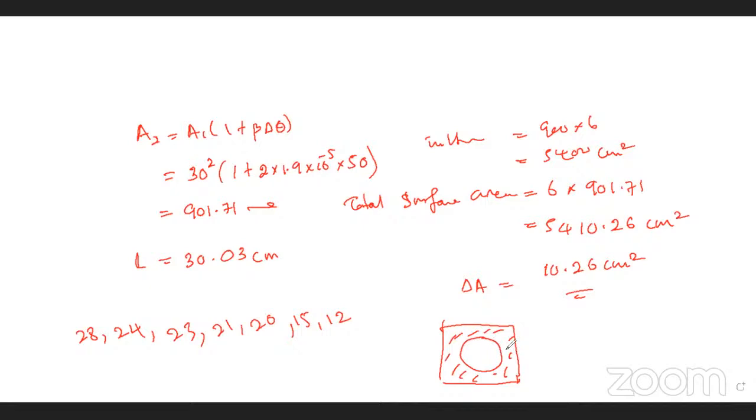You can write it as area expansion. If I consider this diameter is d, this area will expand: A1 times 1 plus beta delta theta. You can use this.